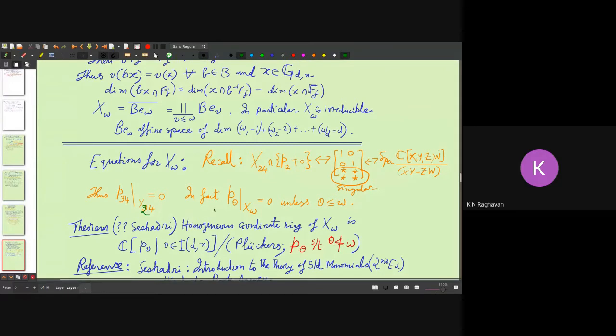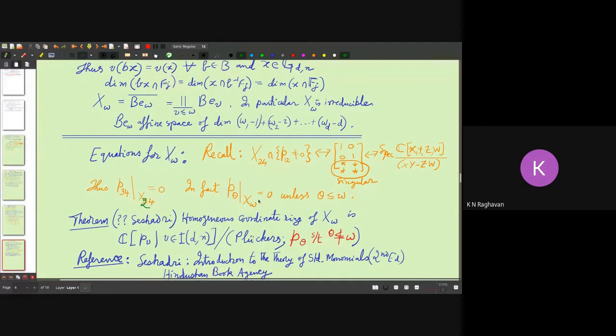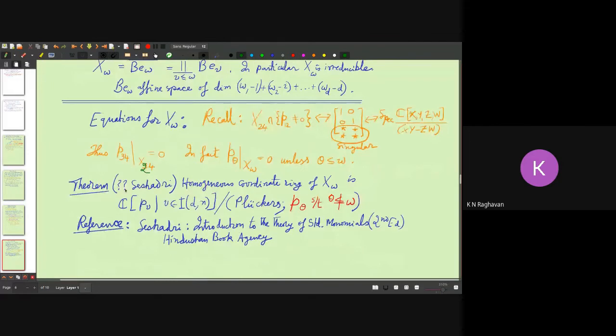I'm saying that, in fact, p theta restricted to XW is 0 unless theta is less than or equal to w. That is, if theta is not less than or equal to w, then that Plucker coordinate vanishes on the Schubert variety. That is, it lies on that hyperplane defined by that p theta. Okay, and here is a theorem. In fact, I don't know who to attribute this to, but definitely it could be Seshadri, but possibly somebody before him.